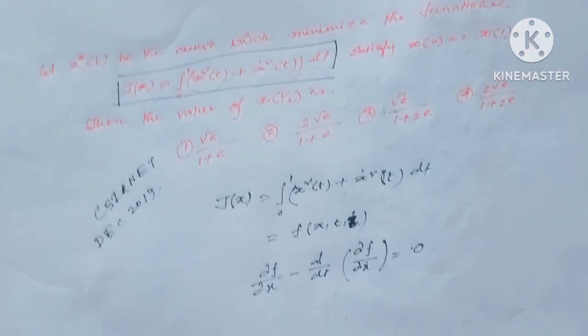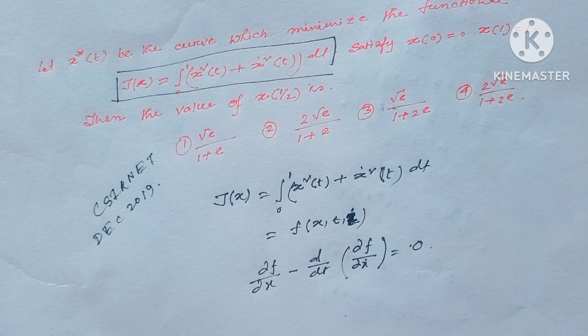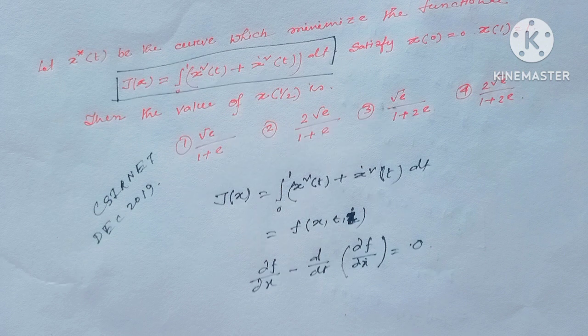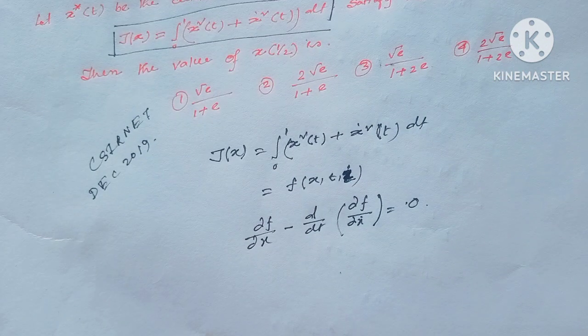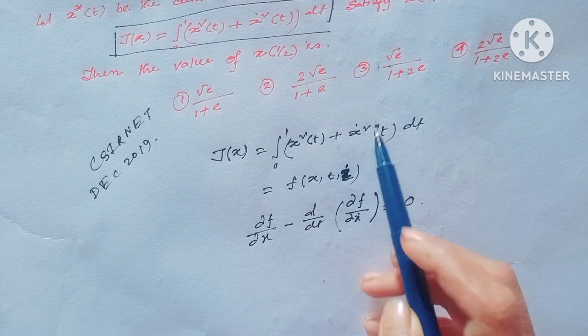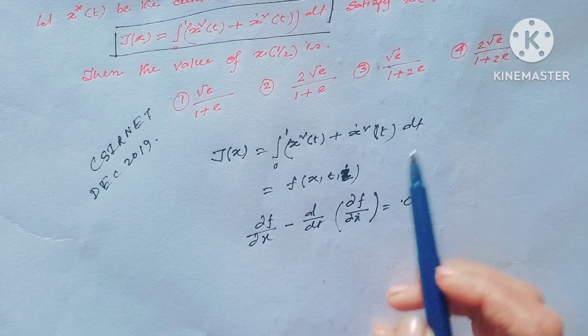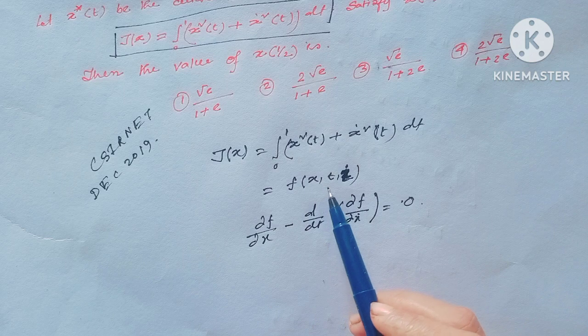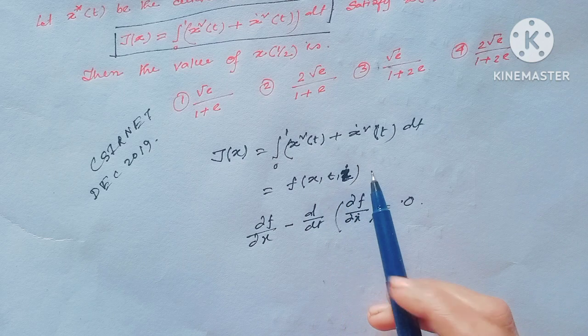Notice here the functional J(x) equals the integration from 0 to 1 of x squared plus x dot whole squared dt, and here the variables are x, t, x dot.